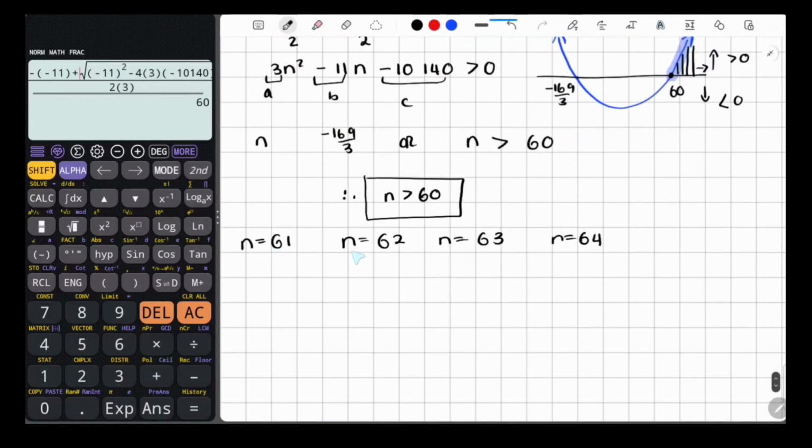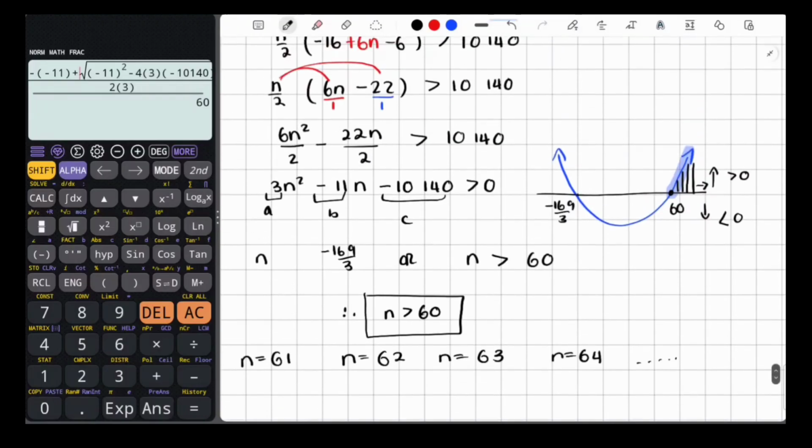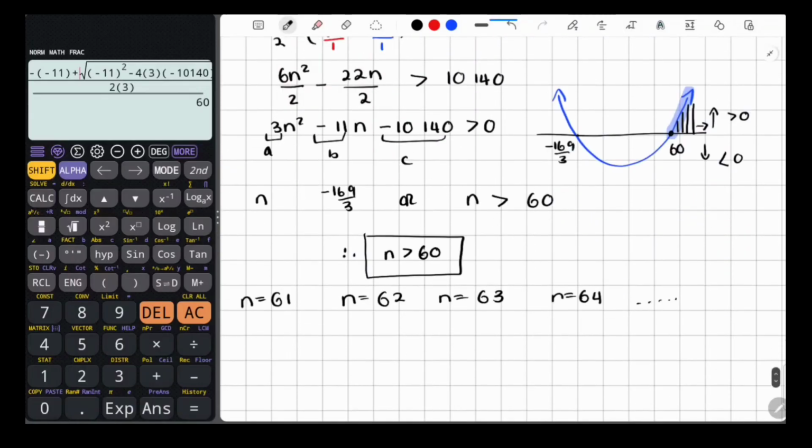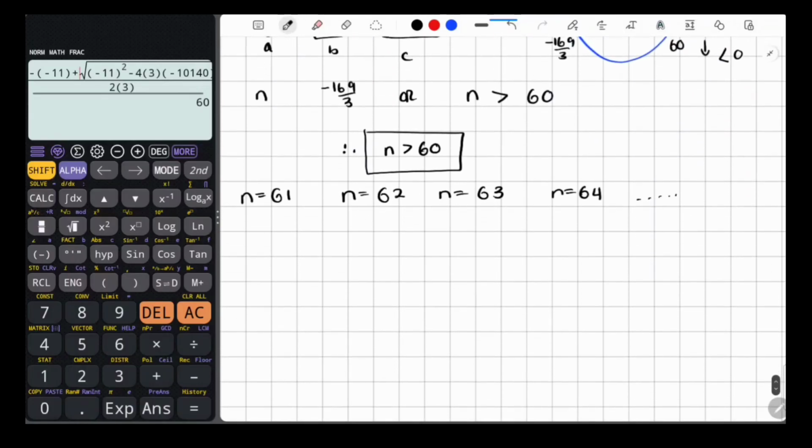So these are all values of n. These are all the right answers for n. But remember, they want specifically the smallest value. So if this list of answers had to continue, which one will be the smallest value of n that will make that expression greater than 10,140? The smallest solution of n that you have would be this one, where n is equal to 61.